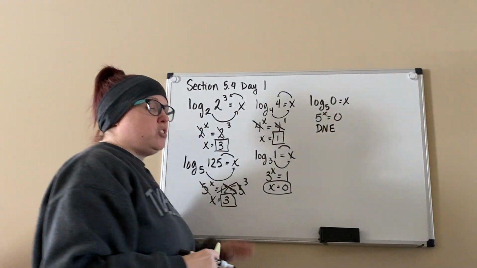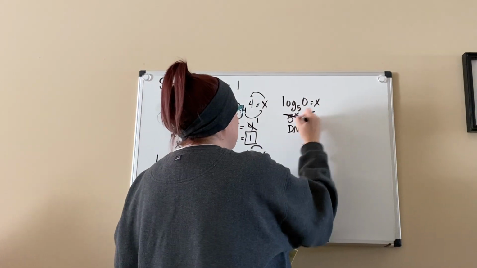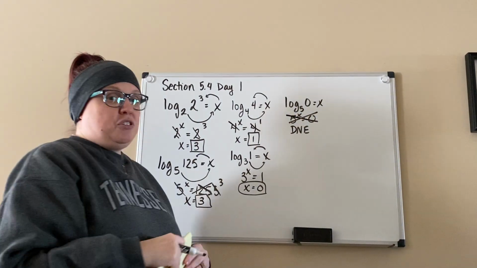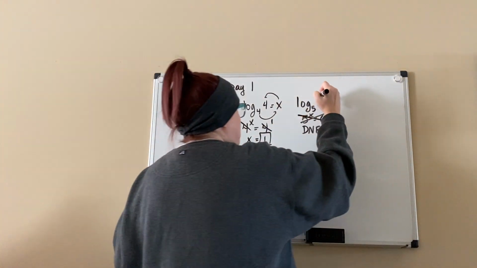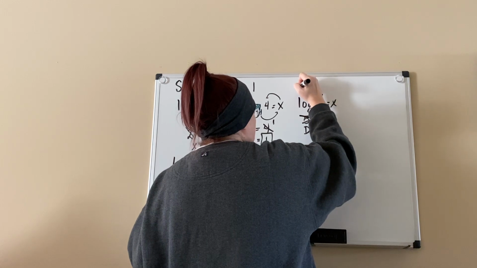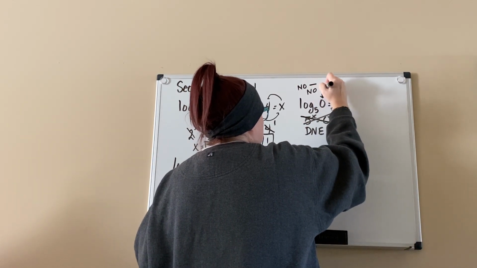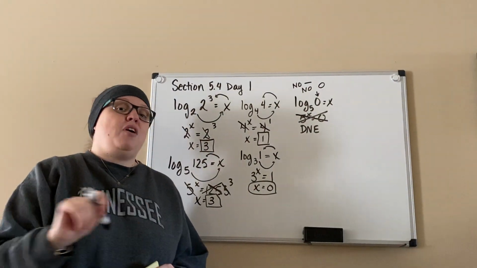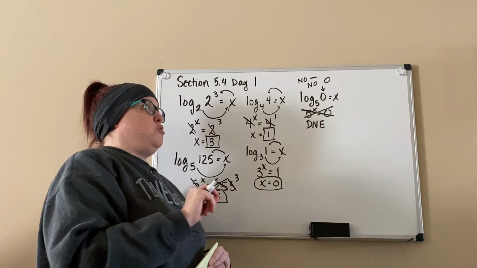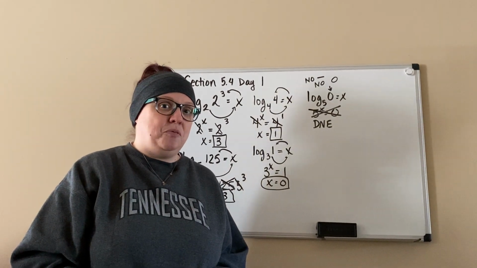It might be no solution, not for sure what it has on WebAssign, but you can't do this. This brings me to a very important rule, and you might want to write this down. On the inside of a log, you can have no negative, and you can have no 0. So on the inside of a logarithm, you can never have a negative number, and you can never have 0, because it's impossible.